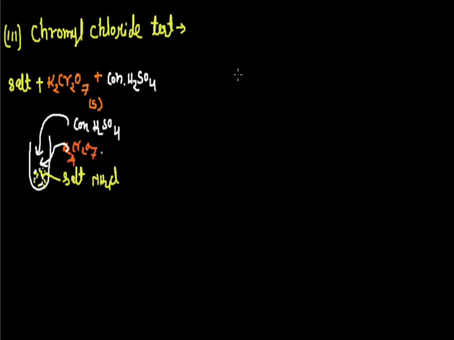The observation is that it gives orange-red fumes of chromyl chloride, CrO2Cl2. Sorry, the fumes are orange red, not red brown. So orange-red fumes of chromyl chloride appear, and we can say that this salt may contain chloride ion, Cl negative.